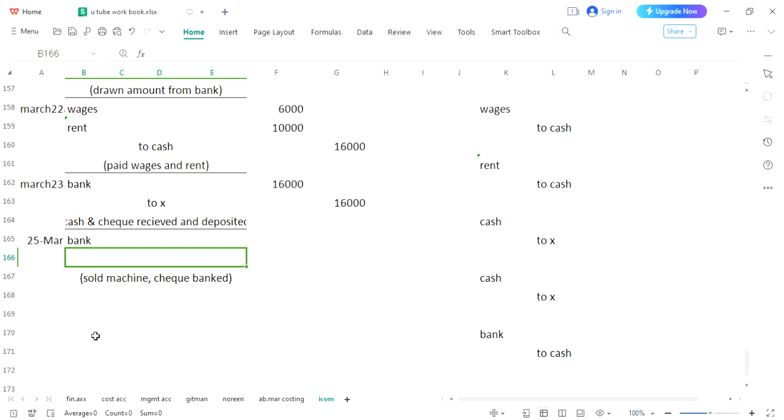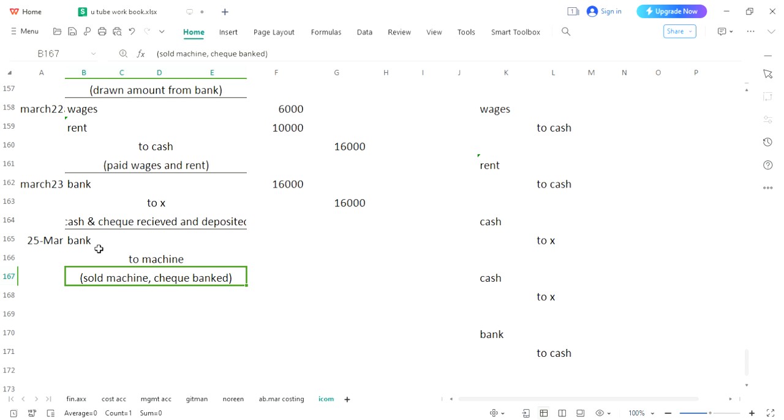What had happened? You have sold your machine. Machine is going out. Machine is your asset. When you sell the machine, the asset would be decreased. Decrease in asset should be credited. So you will write machine on the credit side. So machine is going out, asset is decreasing, amount is deposited in bank. It means bank would be increased.